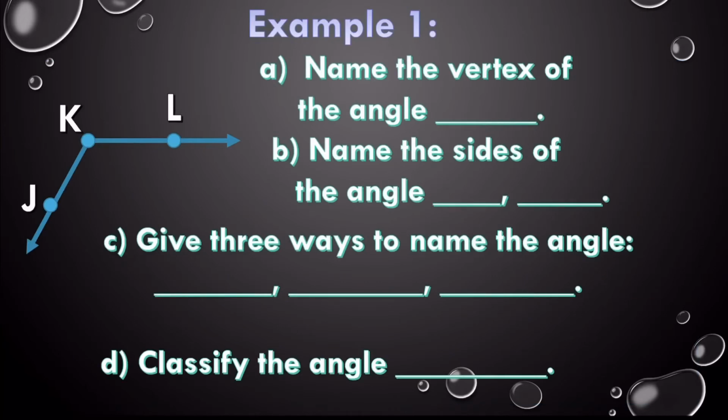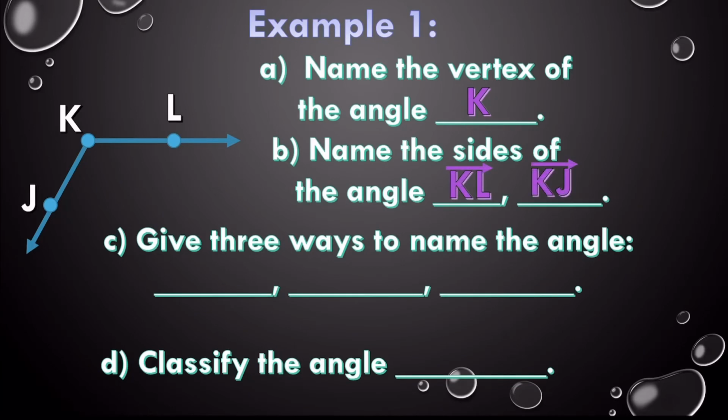So let's do some identifying in an angle. What is the vertex of this angle? Angle K. What are the sides of the angle? You could say KL, KJ.